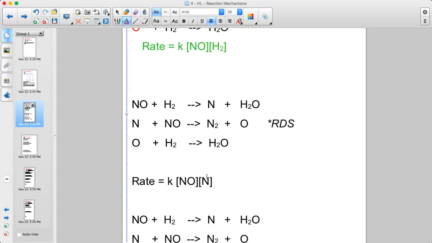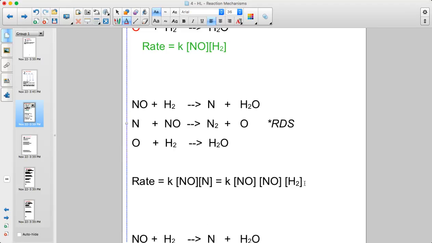So what you have to do to replace it is say, okay, here's N. N was formed in the first step. So what does N depend on? Well, the formation of N depends on both NO and H2. So I can rewrite this rate equation like this. Instead of N, I write NO and I write H2. I simply replace it with the reactants that formed it.